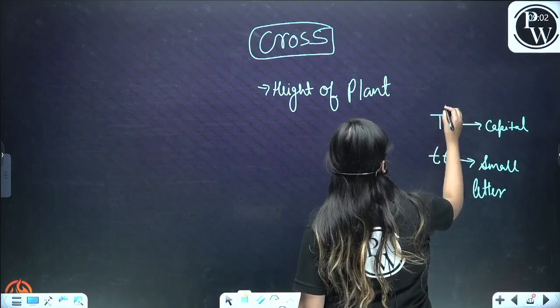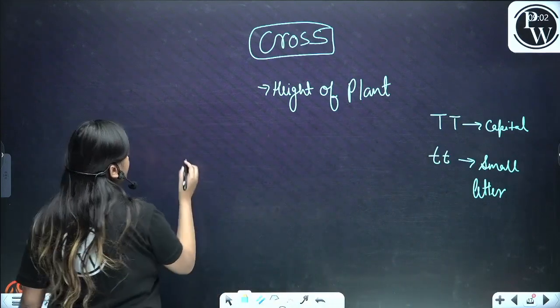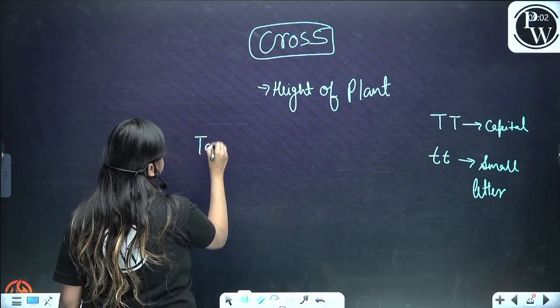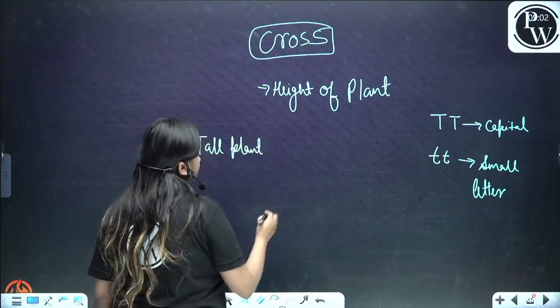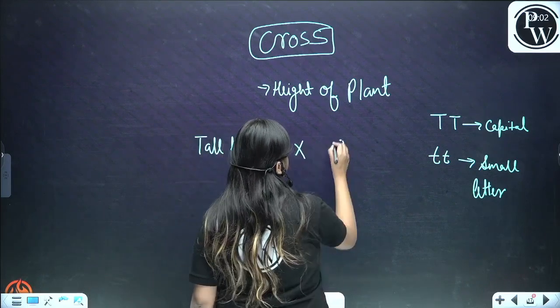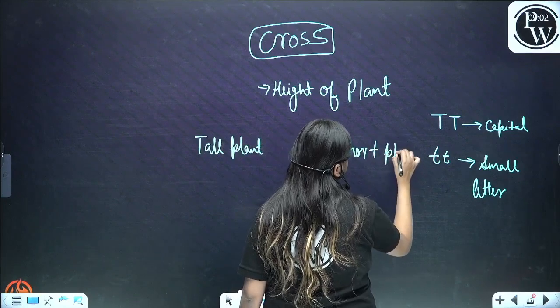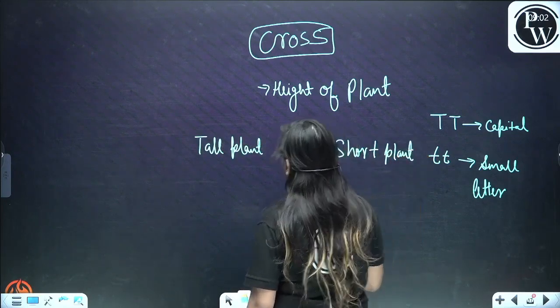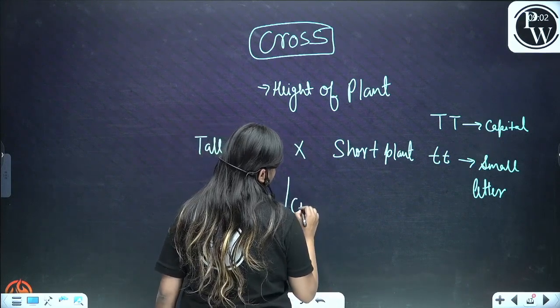So, he made a cross. That means he made a cross between a tall plant and short plant. Made a cross pollination now.